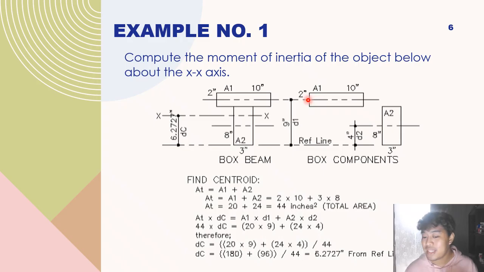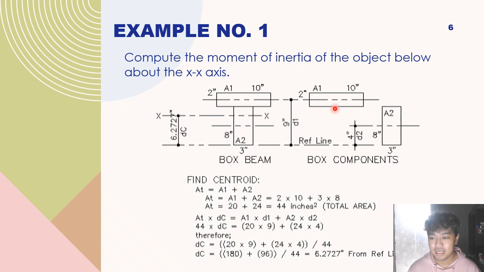Let's compute for the total area of the 2 shapes that we have. We have the first rectangle with width 10 inches and height 2 inches, so area 1 is going to be 2 times 10 inches.